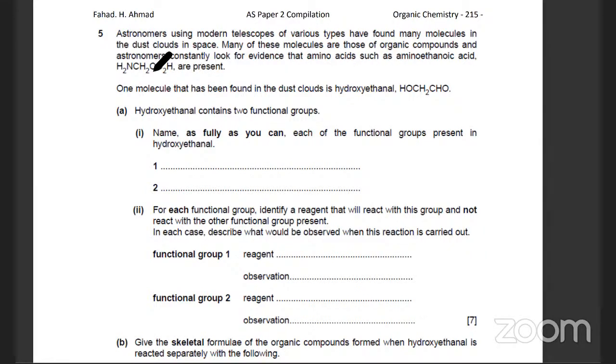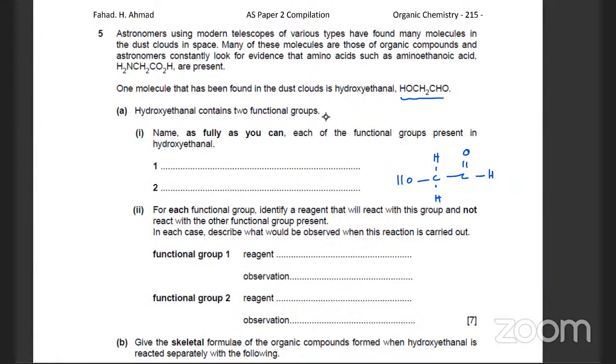This is the basic building block of living organisms. One molecule found in the dust cloud is hydroxyethanal, and it contains two functional groups. It's an alcohol and an aldehyde.